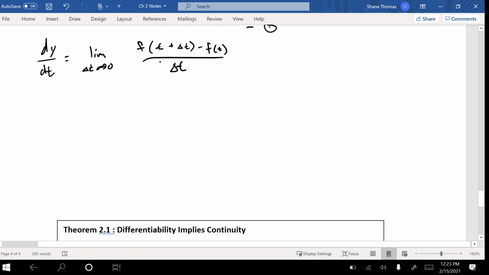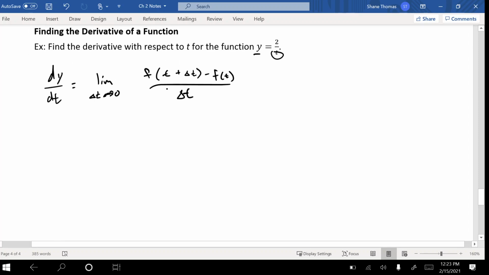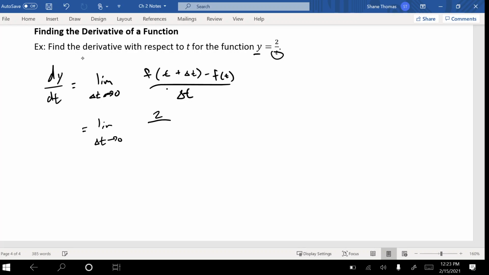So the limit, I need to plug in t plus delta t for t, minus f of t, over delta t. So I get the limit as delta t approaches 0 of 2 over t plus delta t minus 2 over t, all over delta t.